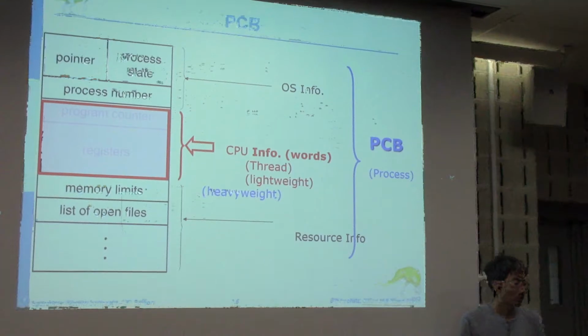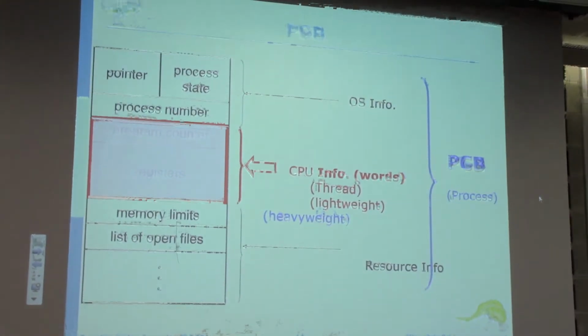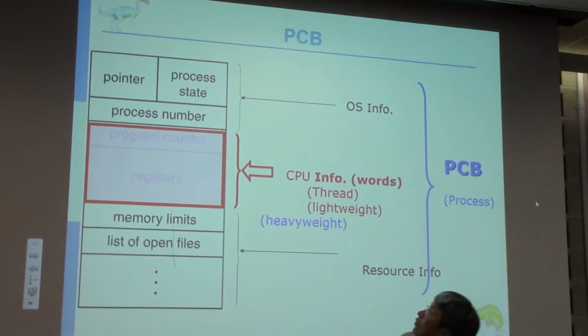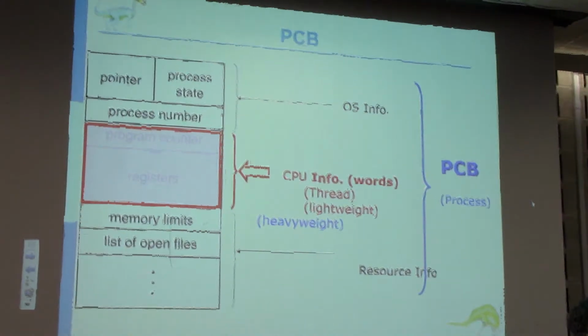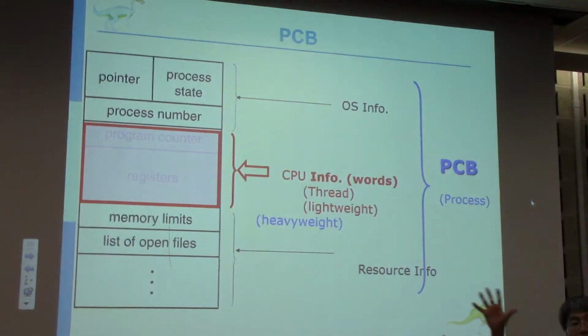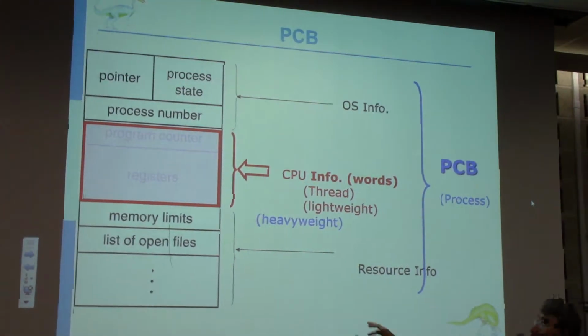So we can maximize sharing. Here is the process structure. In the PCB, there is a pointer, which is the location or address of the instruction of the process, and the process state, where we learned about the 5 different states, and the process number, and also the memory limit.